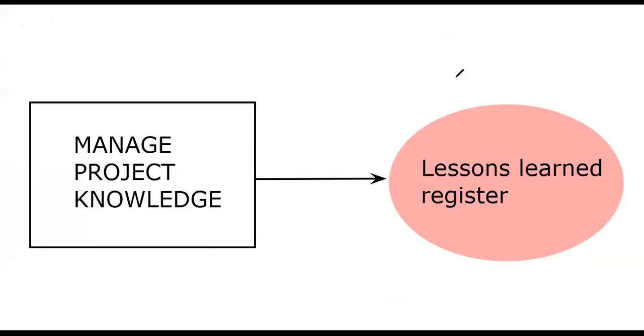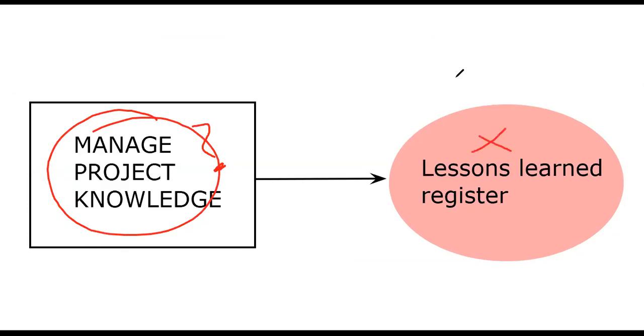Now, the way this works, I am going to put a question mark here to ask you which process we get this output from. That's the way we roll in these sessions. I'll show you an output, which is one of the components from page 89, and ask where it is from.